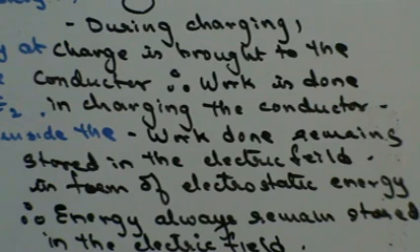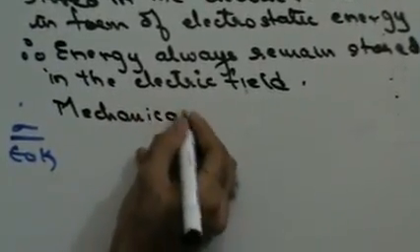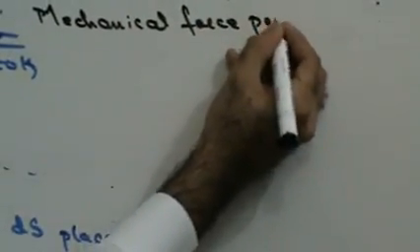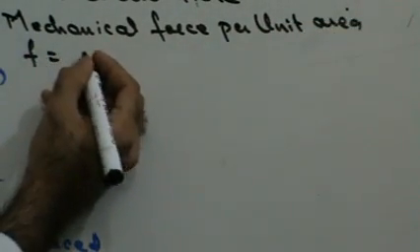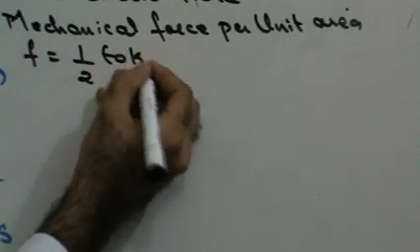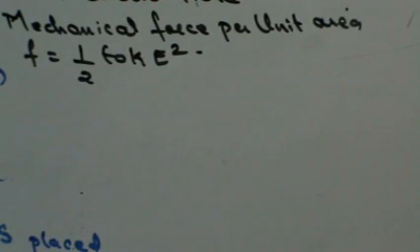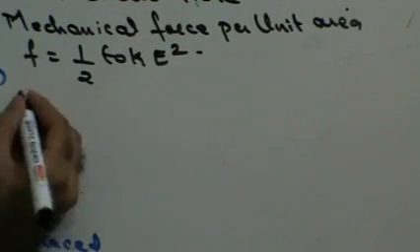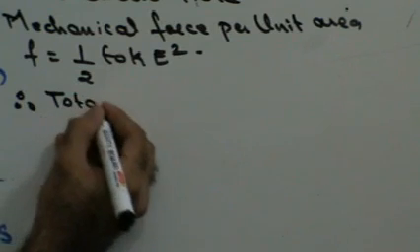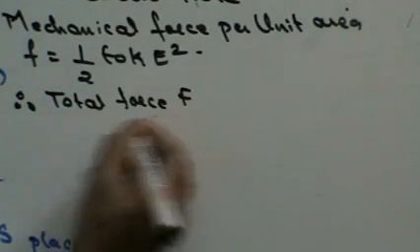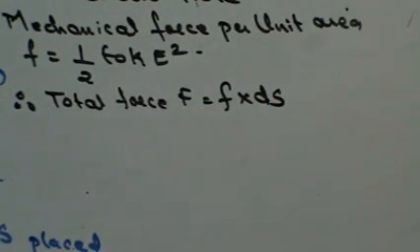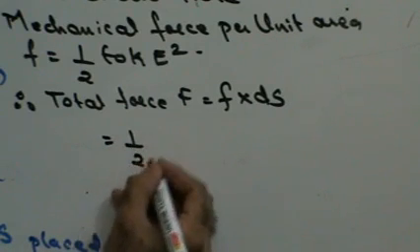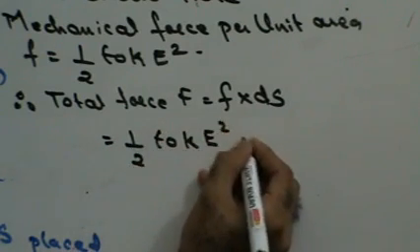Now we have already derived that mechanical force per unit area is given by the formula half epsilon 0 k E square, right? Therefore, I can say that total force F will be nothing but mechanical force per unit area into area ds. So this is going to be nothing but half epsilon 0 k E square into ds.